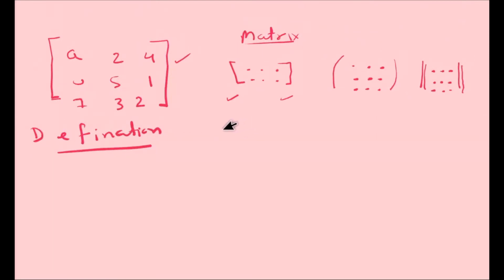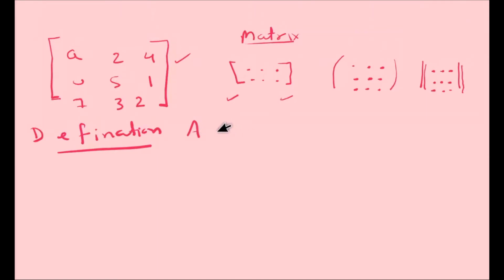Yes, a matrix is an ordered rectangular array of numbers or functions. These are the numbers or functions. The numbers or functions are called the elements or the entries of this matrix. So this is the definition.